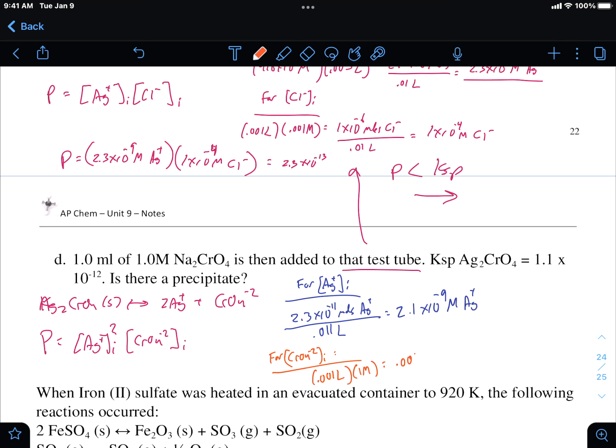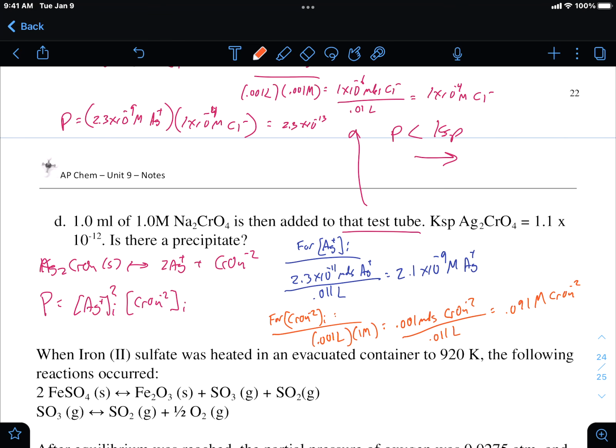Okay, so it's 0.001 moles chromate. And this is a total volume of 11 milliliters. 0.091 molar. All right, and we'll plug them in for P.